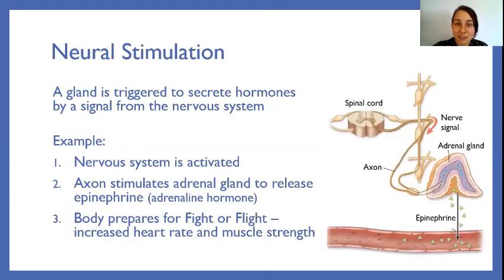Lastly, we have the neural stimulation. Now, this is when a gland is triggered to secrete a hormone by a signal from the nervous system. An example of this is going to be the body's fight or flight mode. If I am suddenly scared by something, that signal came into my eyes because visually I saw something startling, like a snake. So that stimulated my nervous system.